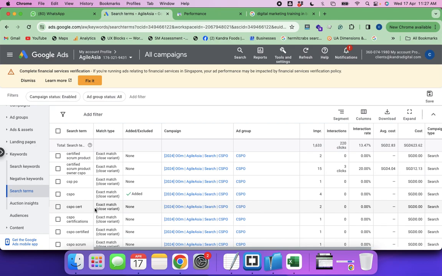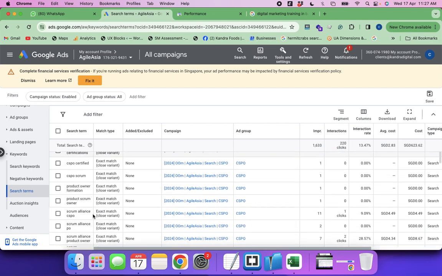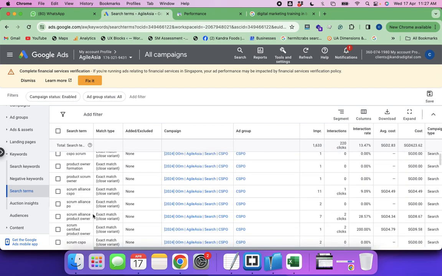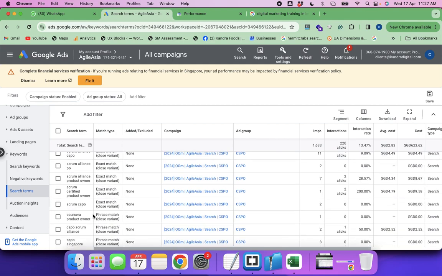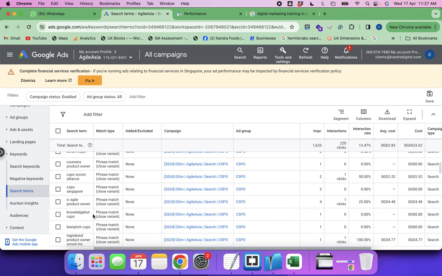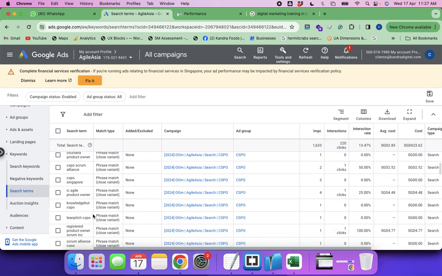If you are launching a new campaign for a project, for a website, for a client, in the initial stages it needs a lot of attention. You have to monitor it every day, sometimes every hour, and understand for what kind of keywords it's ranking, and accordingly you can exclude them. You can increase your keyword base also.